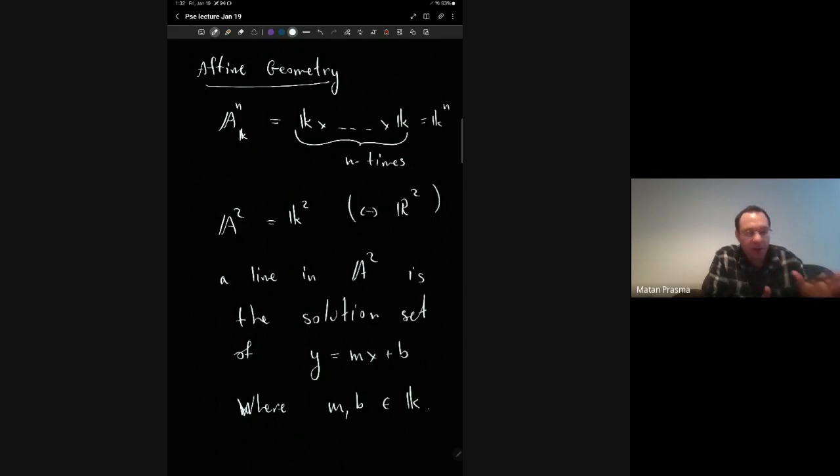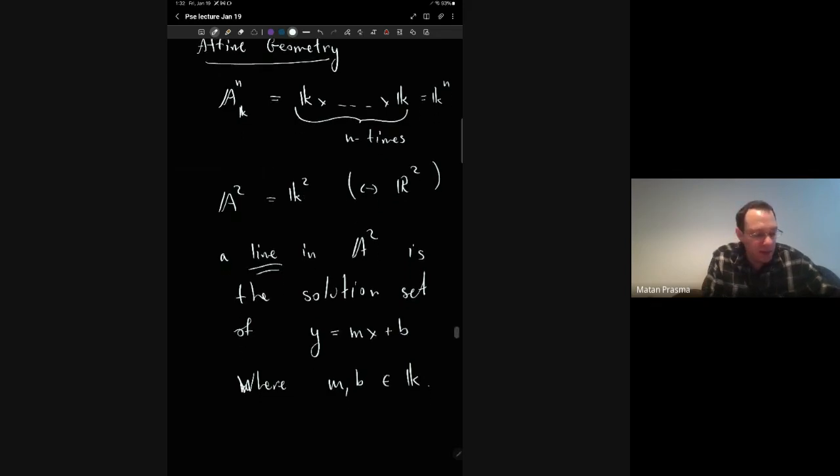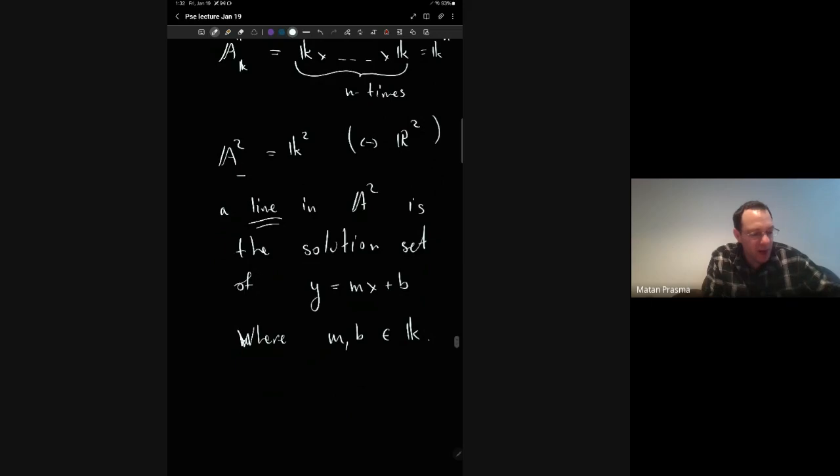So in particular, if K is finite, then of course K squared is also finite, and a line in the affine plane will necessarily be a finite collection of points.